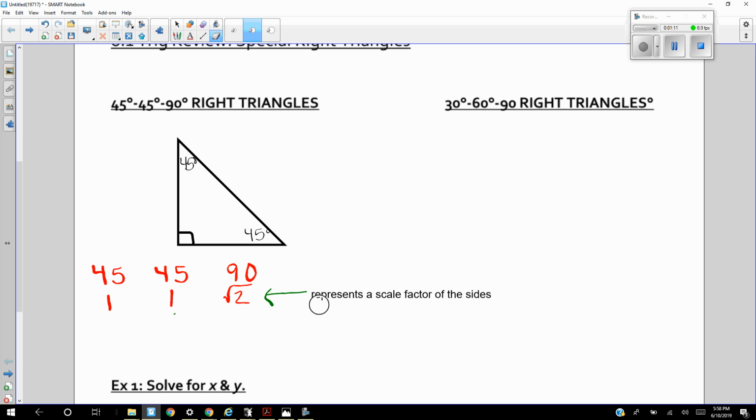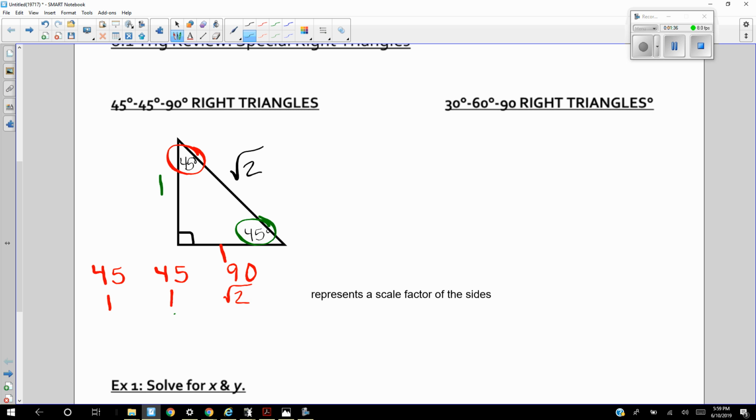So if we saw this triangle, the side opposite this 45 degree angle we would label with a 1. The side opposite this 45 degree angle is also going to be a 1. And the third side opposite the 90 degree angle is a radical 2. So the three sides of the right triangle will always follow this format of a scale factor.